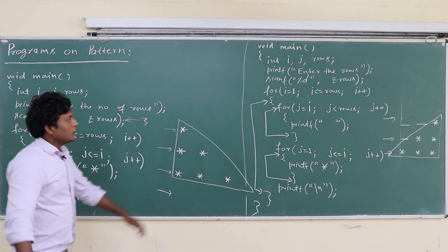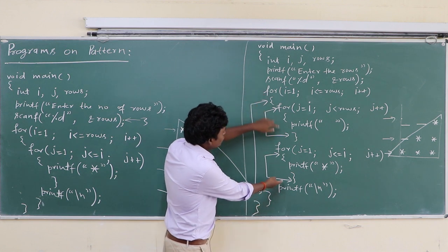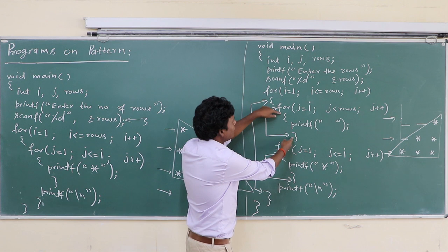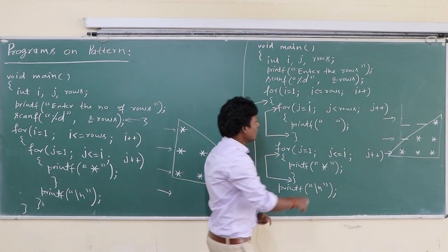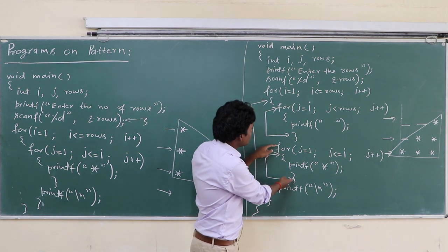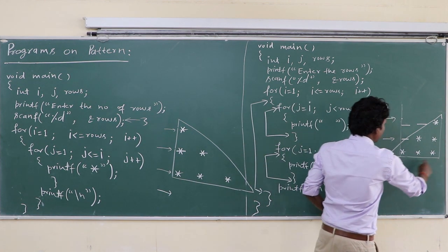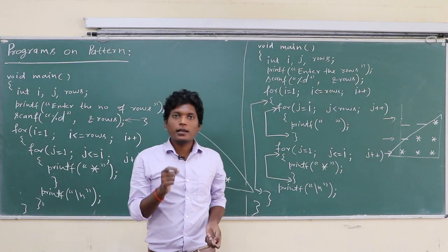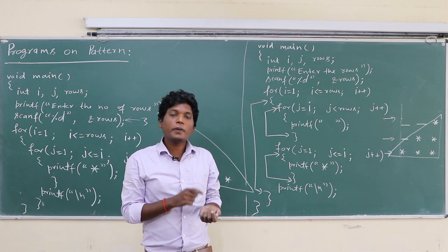Okay, so class, this outer loop has two inner for loops. This one is for the space, for this mini triangle, and this one is in series with the space triangle, and makes this asterisk triangle. Okay class, so before printing the asterisk triangle, the star triangle, we have to first print the space triangle.